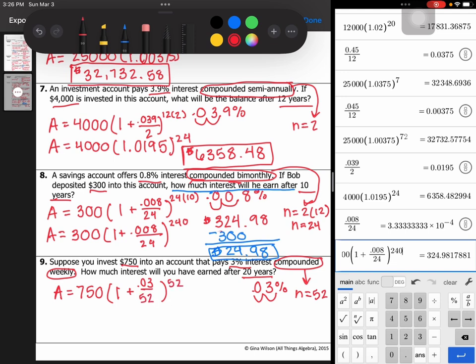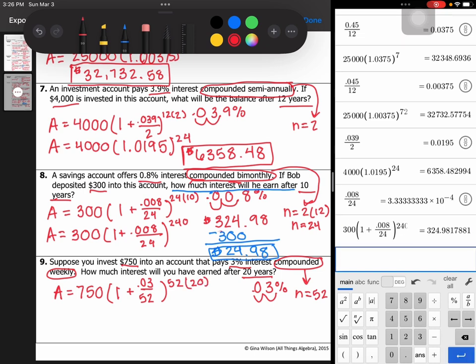And then our time is 20. Okay. So again, if we were to type this in, the 0.03 divided by 52, we'd get a really small number. So we're just going to have to be careful when we type in this whole thing to the Desmos calculator. We're just going to type it in all at once.